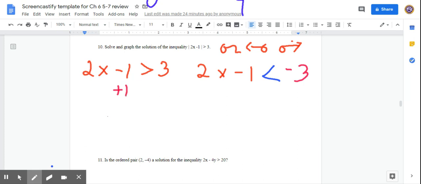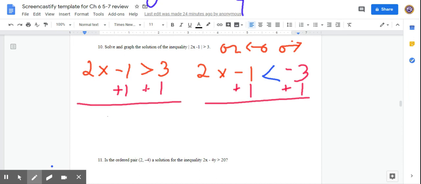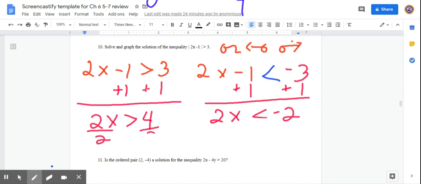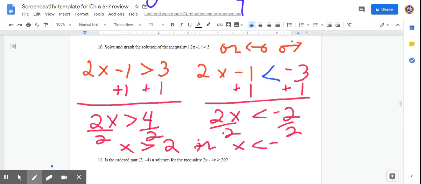Now solve for x, so add 1 to both sides. And we have 2x is greater than 4, and 2x is less than negative 2. Okay, now we have to divide by 2. And we get x is greater than 2, or x is less than negative 1.